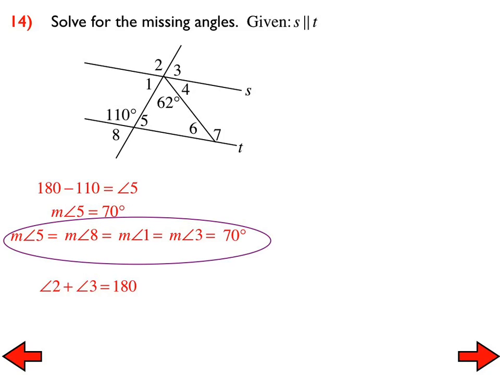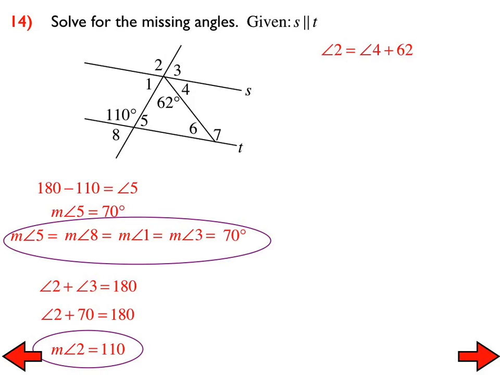And then 2 and 3 have to add up to 180 because they are supplementary. And since I already knew angle 3 was 70, that means angle 2 is 110. And then angle 2 is congruent to angle 4 plus the 62 degree angle because it's vertical to them. And that means angle 4 is 48.